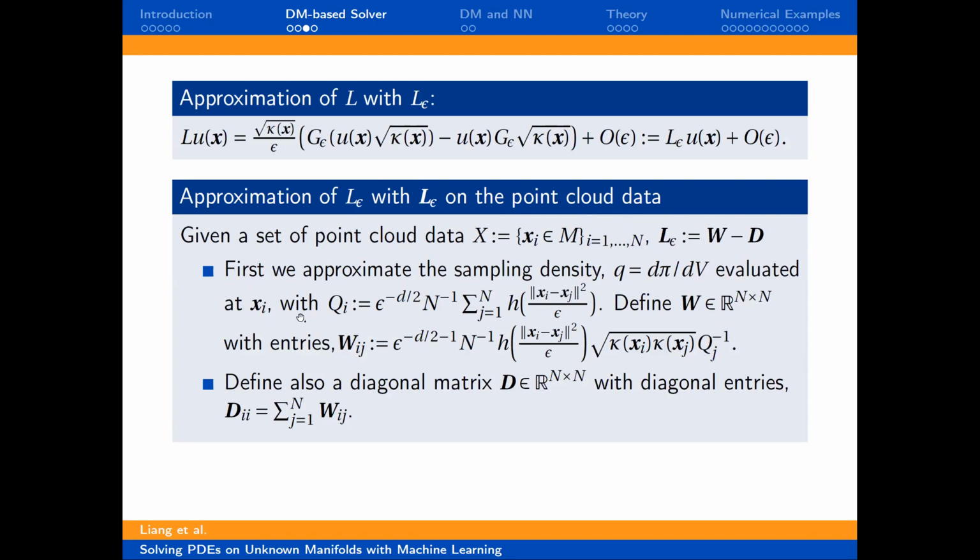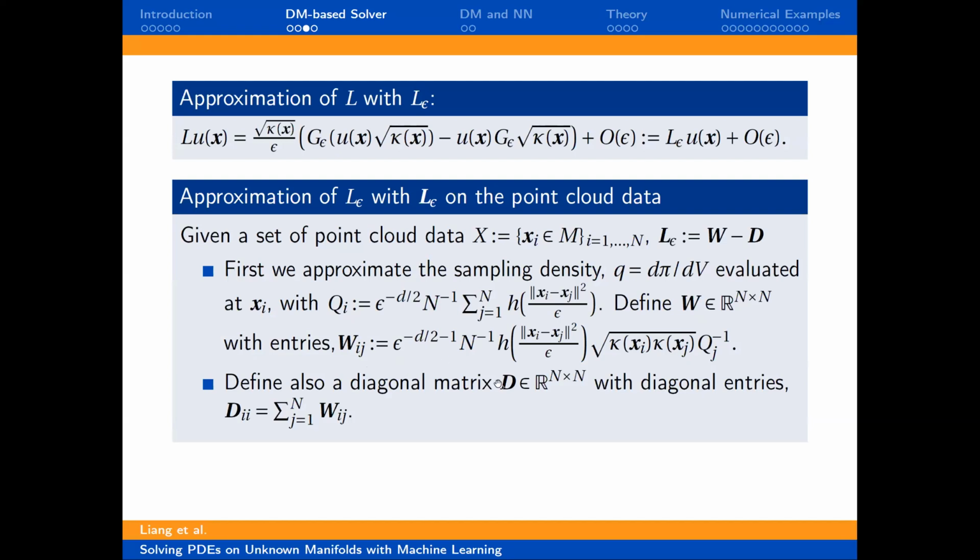First, we can approximate the sampling density Q, which is equal to d pi over dv, evaluated at the point Si. The approximating sampling density Qi is equal to the sum average of the kernel function. Then we can define the coefficient for the integration on the manifold W, where each entry Wij is equal to this formula.